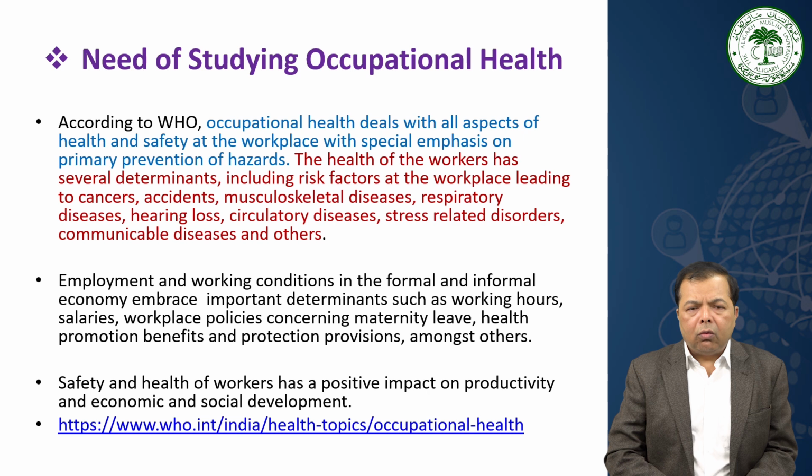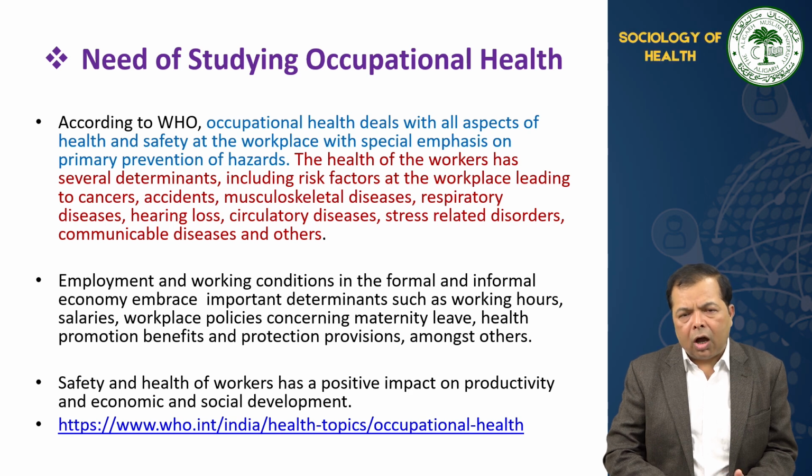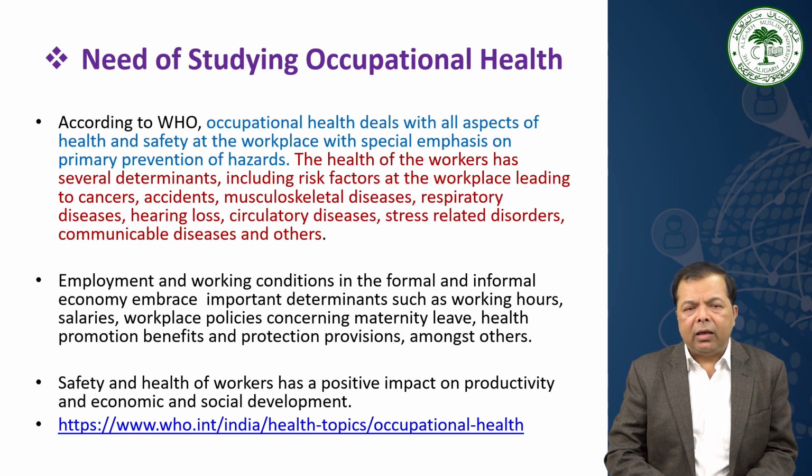Now, according to World Health Organization, occupational health deals with all aspects of health and safety at the workplace, with a special emphasis on primary prevention of hazards. So, at the outset, it is clear that when we are talking about occupational health, we are talking about the workplace, and the approach is basically prevention of the hazards, right?